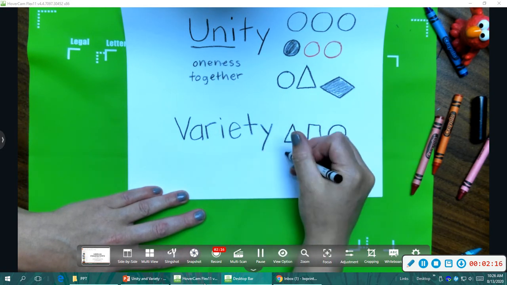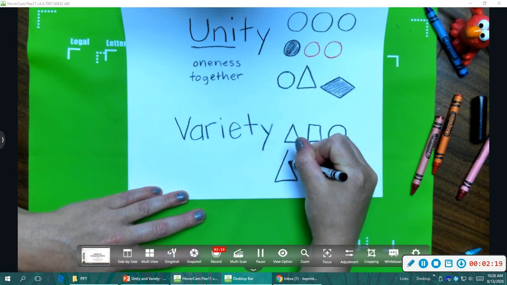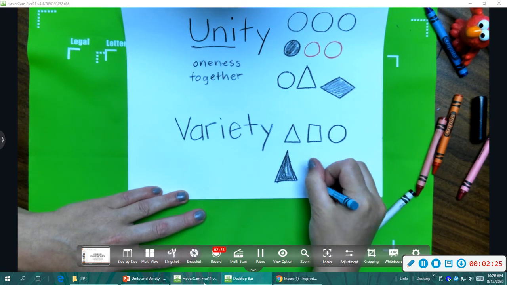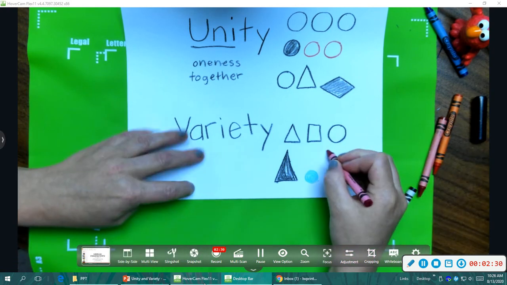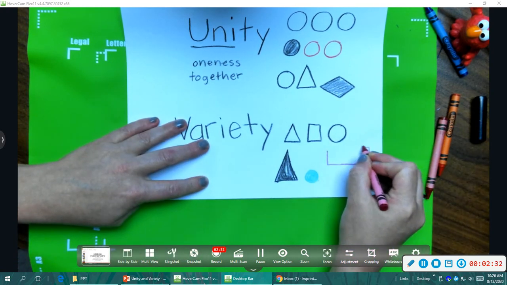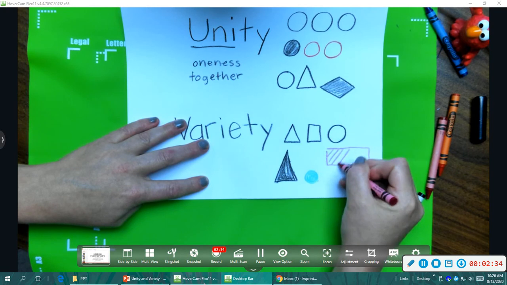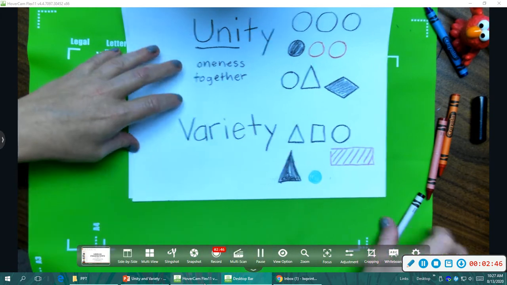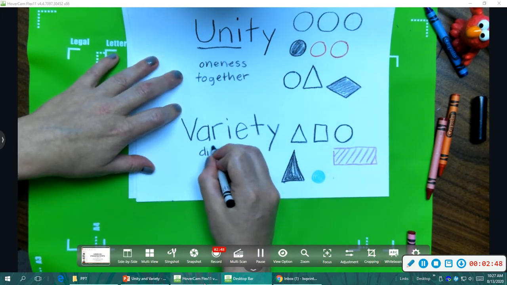So let's try again. Alright, now we have this group. They have variety in their shape, they have variety in their size, and they have variety in their placement where they're lined up. So variety is difference.